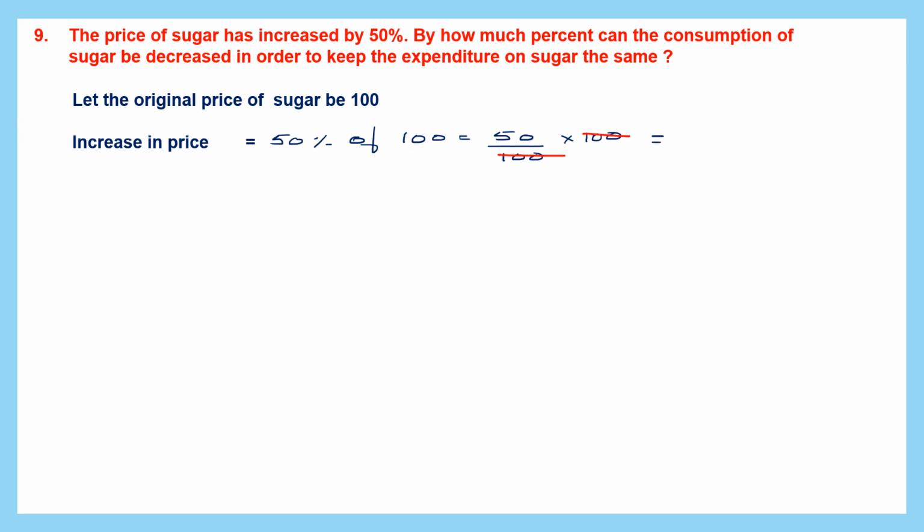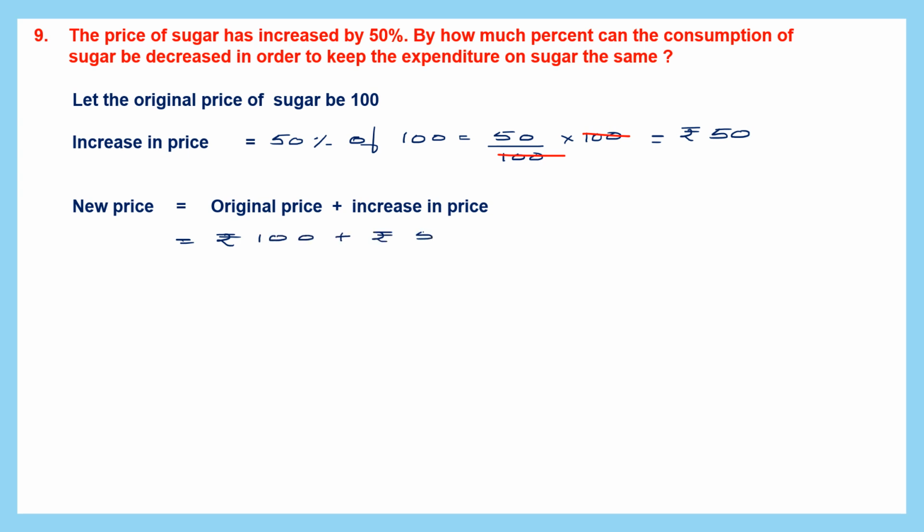We have 50. That means it has increased by 50 rupees. Then the new price will be the original price, 100 rupees, plus the increase in price. So the original price is 100 plus the increase in price 50. Together it adds up to 150 rupees. So this is the new price of sugar.